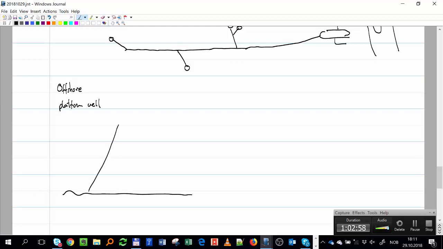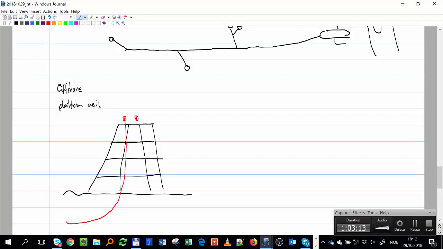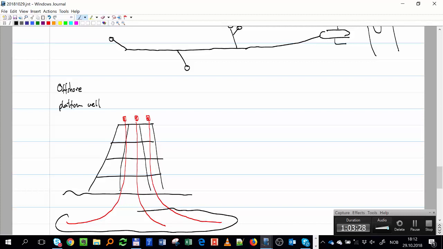You have a structure, it looks something like that, and then you drill these wells from the platform to reach and to drain the reservoir, which is someplace here. In that case, those wells are so close, they are going to be sharing the same header, and they behave as if each one of them was a standalone well.